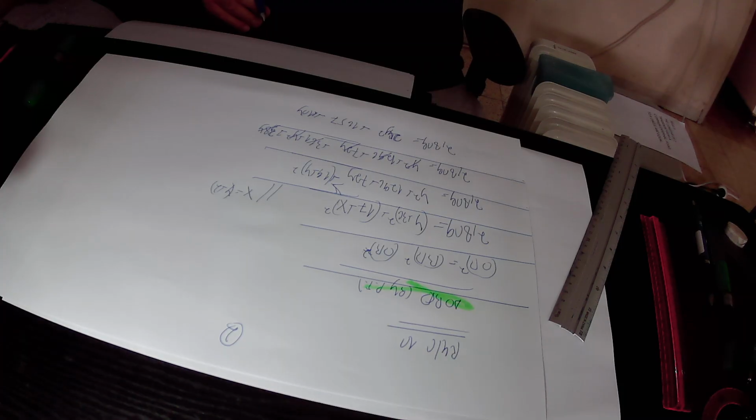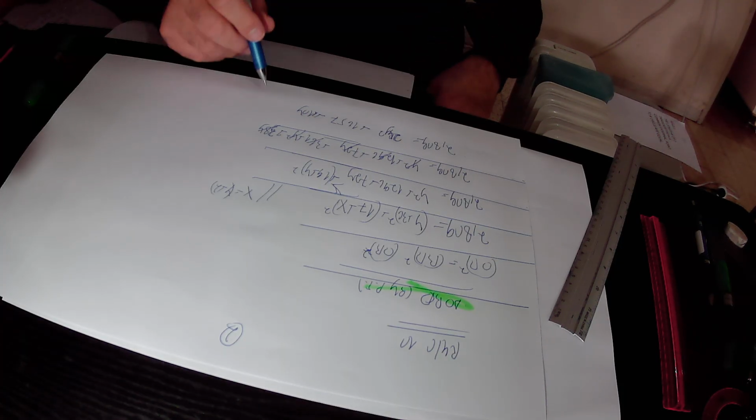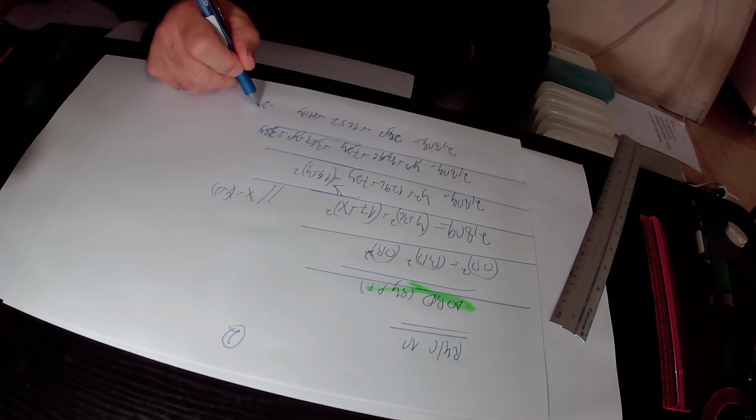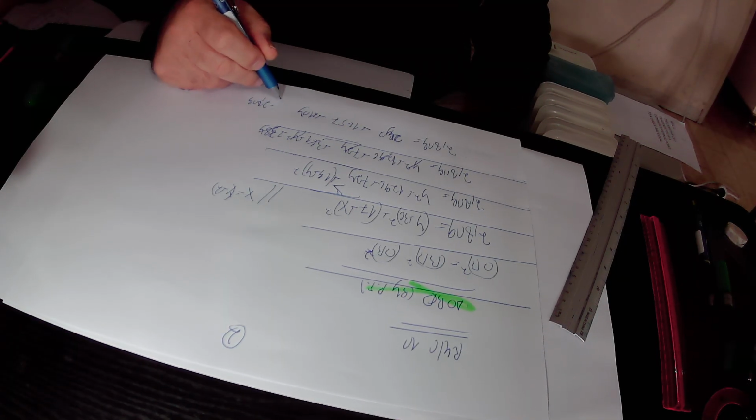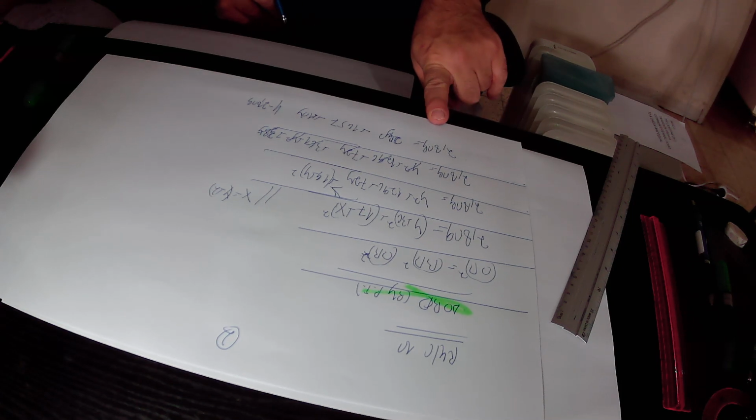Here we will subtract 2,809 from this equation. So here we have nothing, that is to say 0.